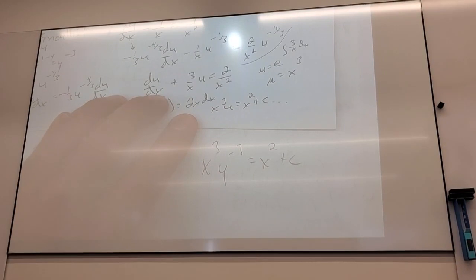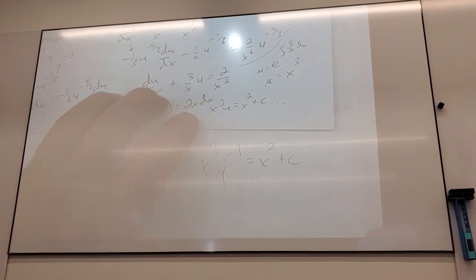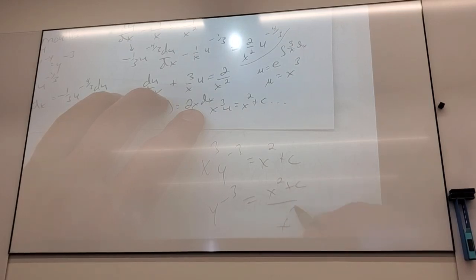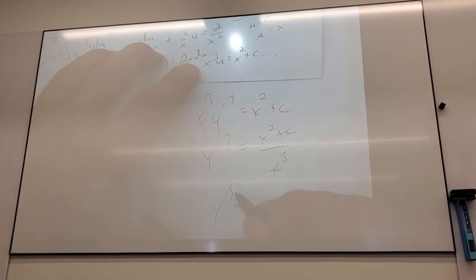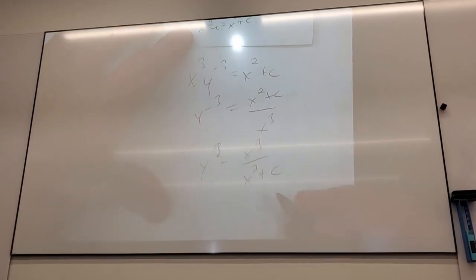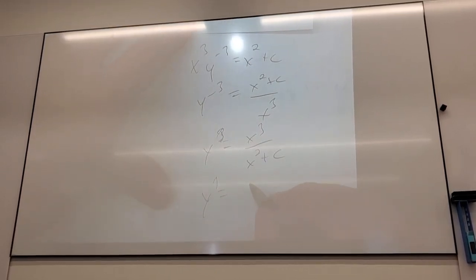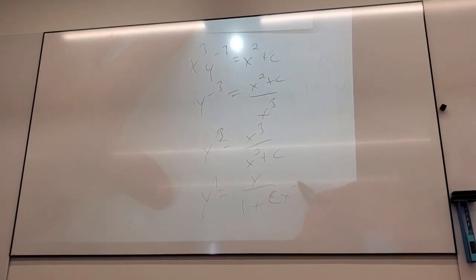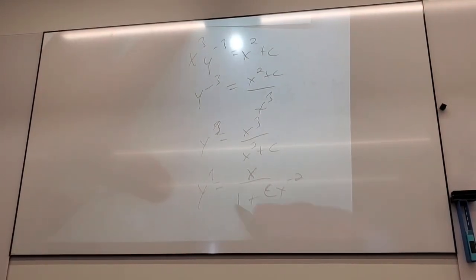So then I could solve for y if I wanted to, right? I could divide both sides by x cubed, and then I could flip everything if I wanted to. I mean, this is the most I could really do with it. And then I could even, if I wanted to, divide top and bottom by x squared. It doesn't matter.